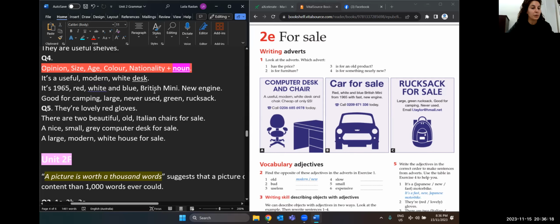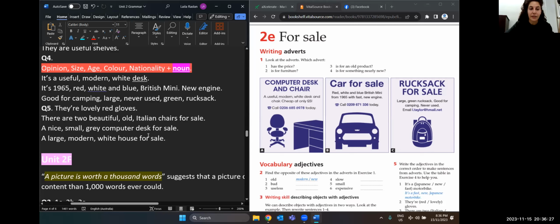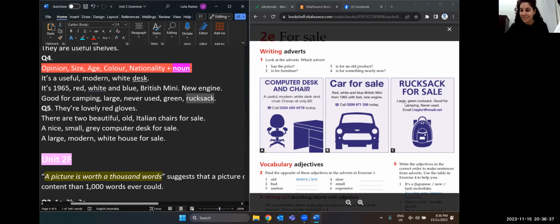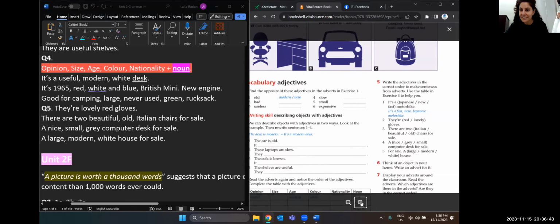It's red, white, and blue. It's a British Mini, and it has a new engine. The rucksack, I could say it's good for camping. It's a large, never used green rucksack. Okay, so put your adjectives first and then your noun when you speak about it or when you write about it. Okay, number 5, let's do some of these exercises.